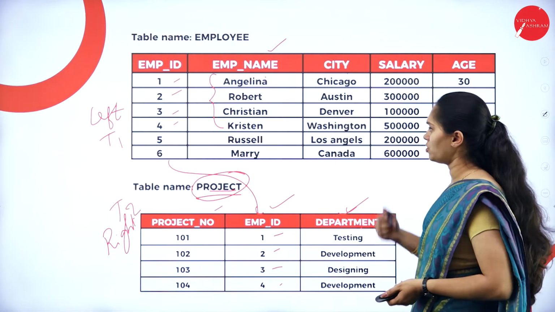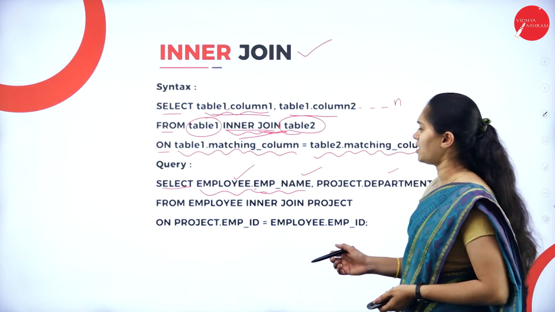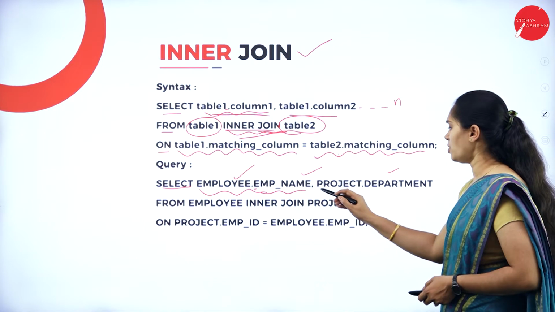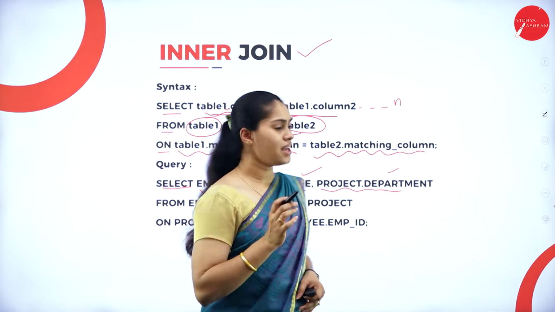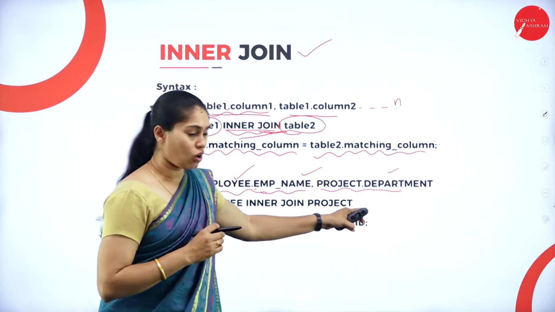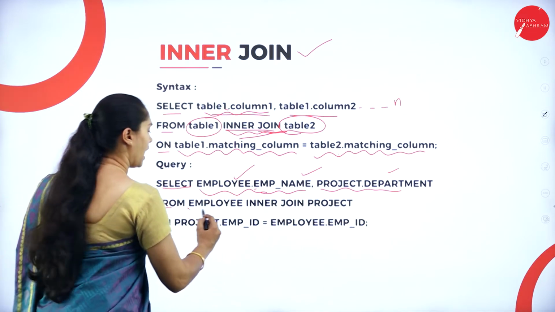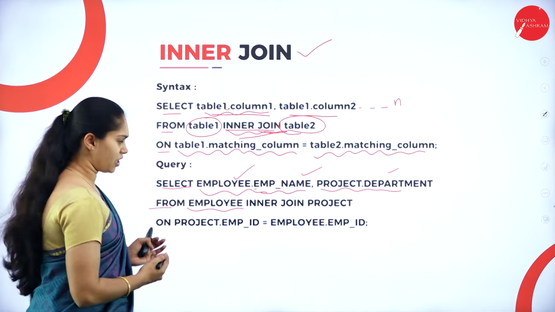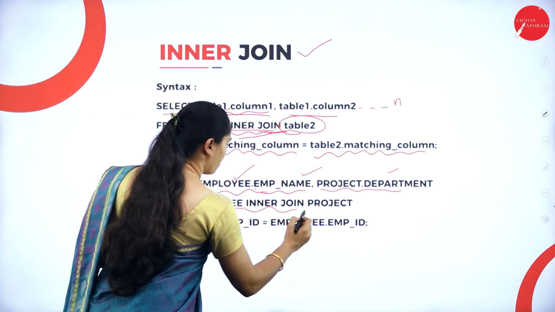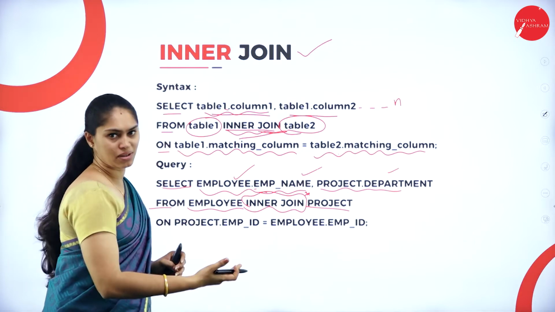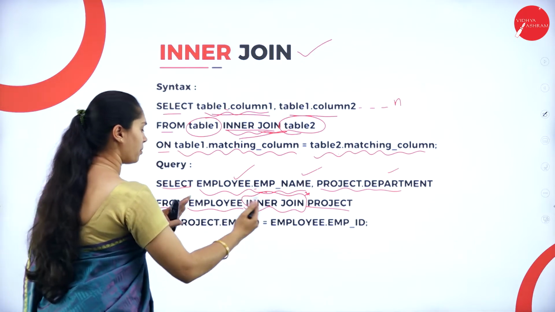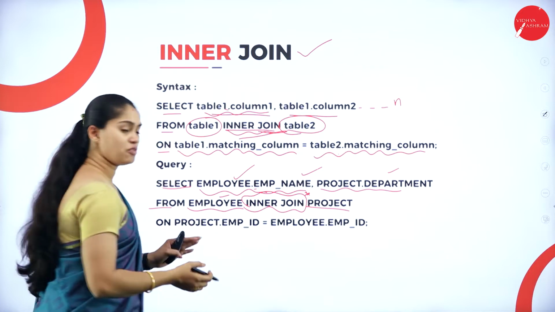I will show you in the coming slides. You can see here, right? And also project.department. From the project table, I am picking the department column. And from employee, I am taking the left table, that is employee, and we are performing this inner join operation with the project table, right? So we are performing inner join for employee and for project.